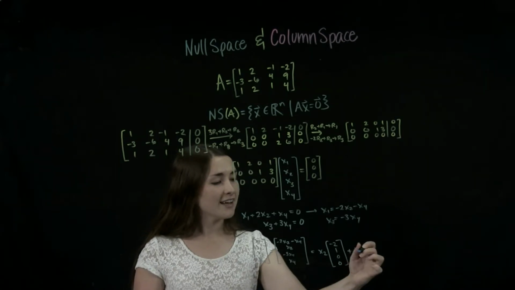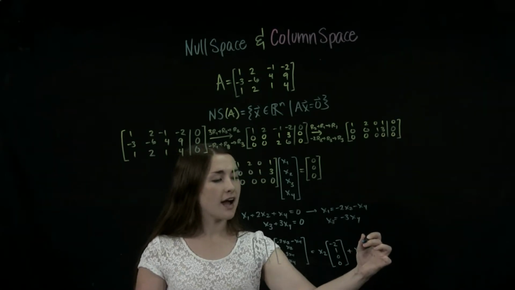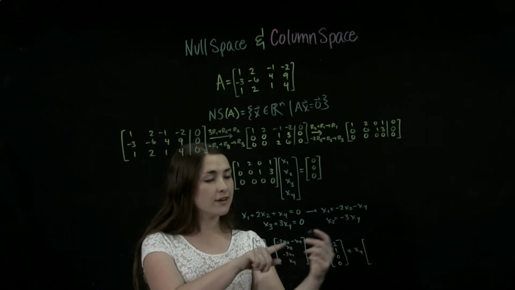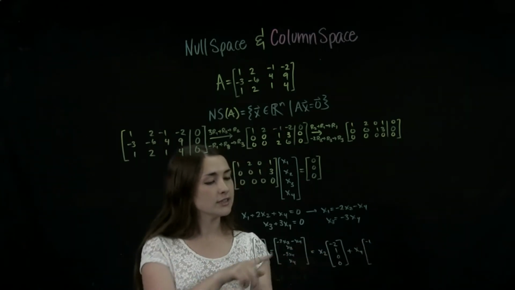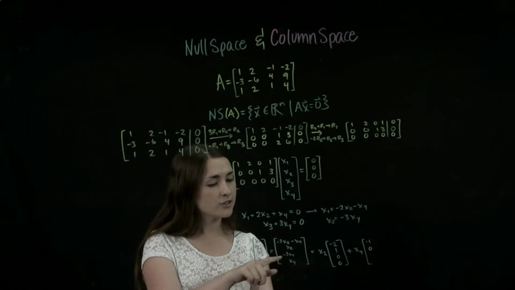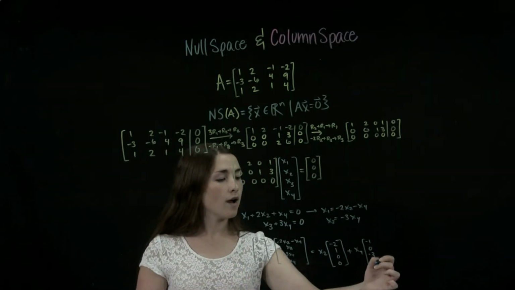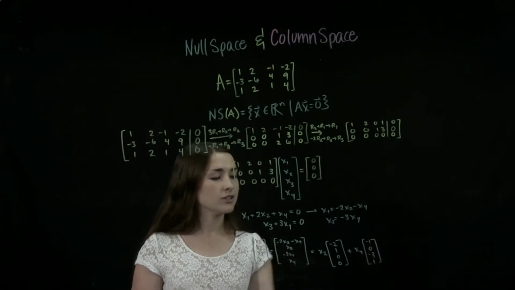And then we're going to add it to x4 times, we're going to have negative 1 x4 in our first entry, 0 in our second entry, negative 3 in our third entry, and 1 in our last entry.